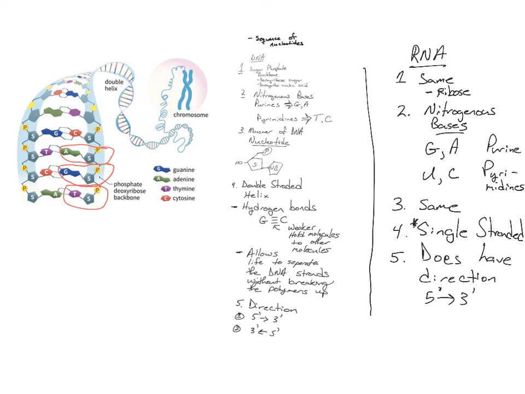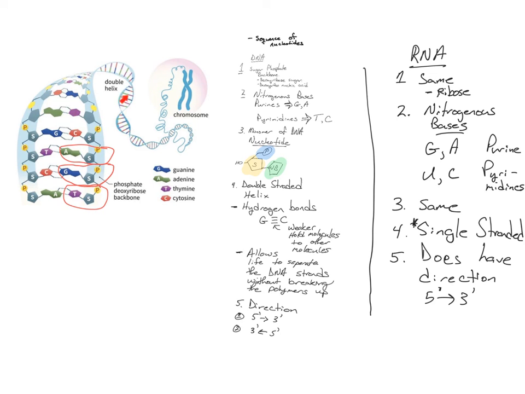You'll see what I mean when we cover transcription. So that's really the summary of everything we've learned about RNA and DNA, all starting with that initial observation that this sugar, this carbohydrate, along with a phosphate, is the backbone of this DNA molecule, and that the nitrogenous bases form the rungs in this ladder.